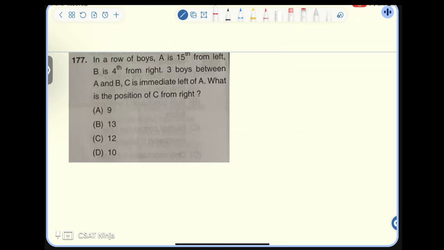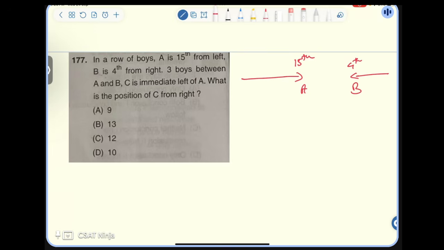In a row of boys, A is 15th from the left. That means if this is A, from the left, A is at 15th position. And B is 4th from the right. There's B here. From the right, B is 4th.